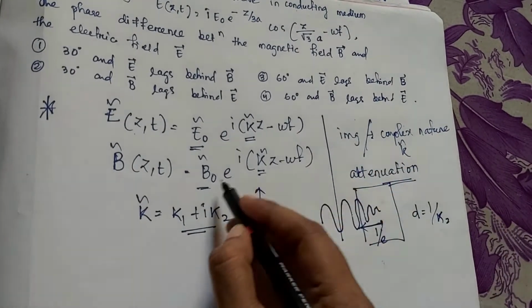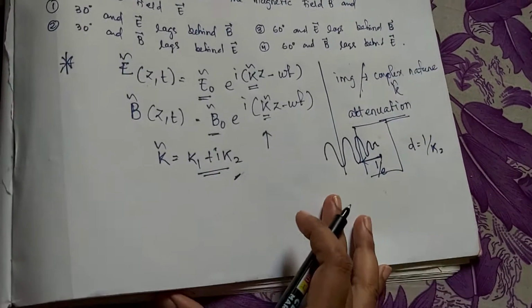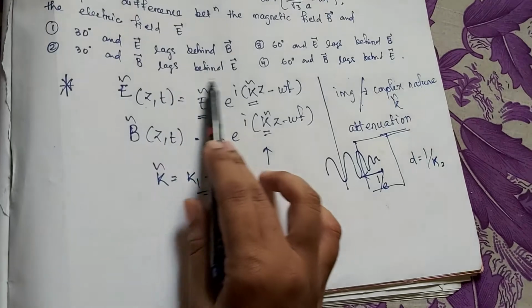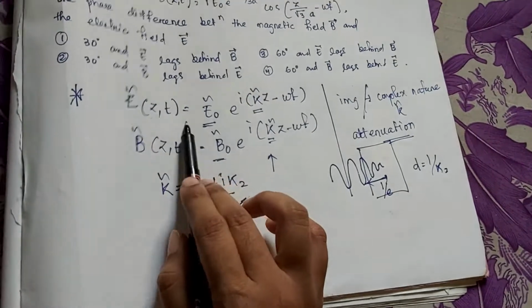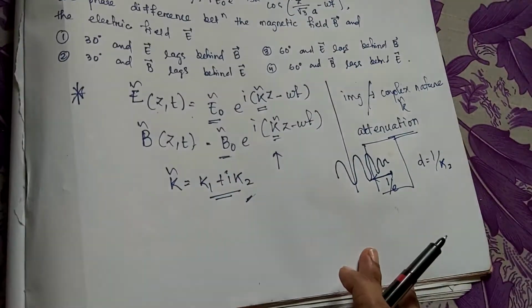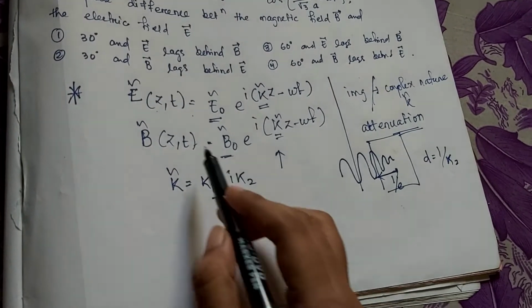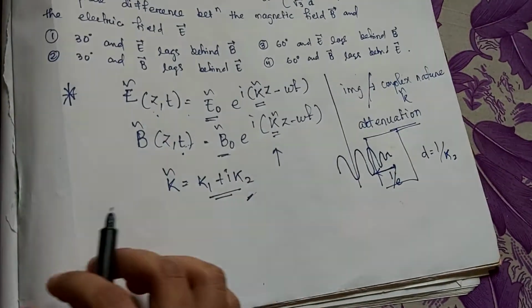So this is the electric field and magnetic field in a conducting medium.